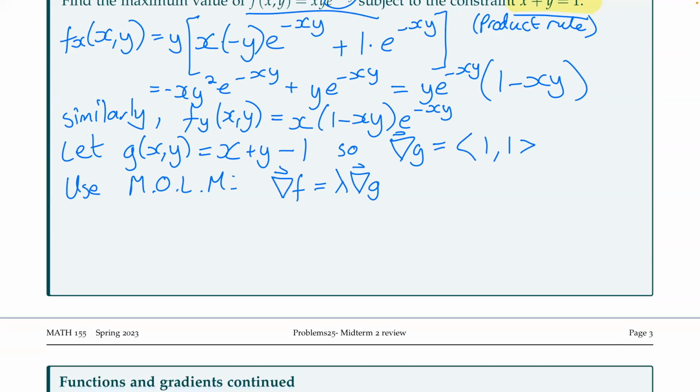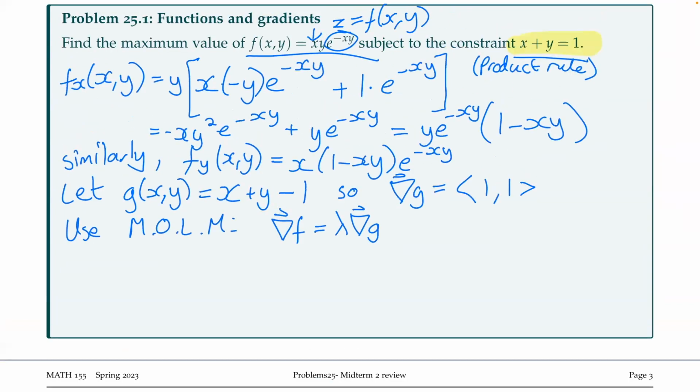Okay. At this point, I'm going to let you have a go at solving the rest of this. Remember, we need to split this into different conditions. Because there's a vector on the left-hand side and a vector on the right-hand side, we can equate the x and y components of these vectors, and that'll give you two different conditions. And we also have our constraint to think about.